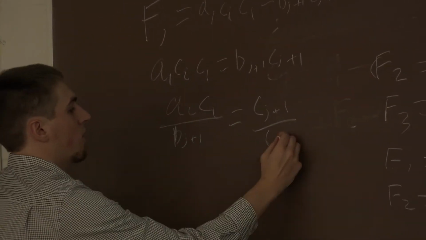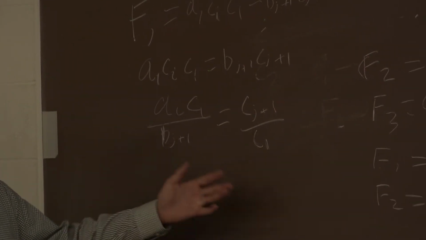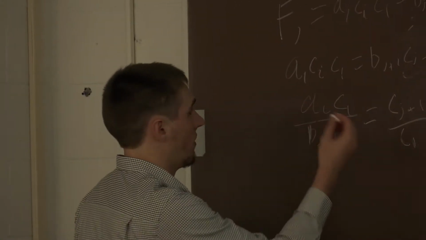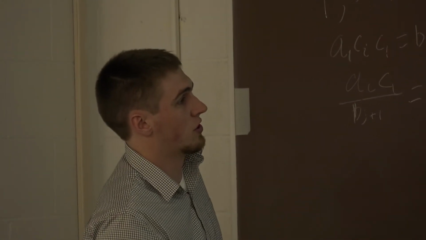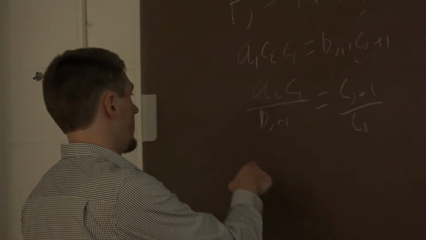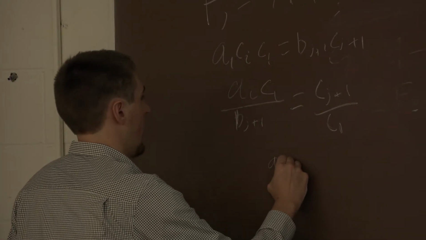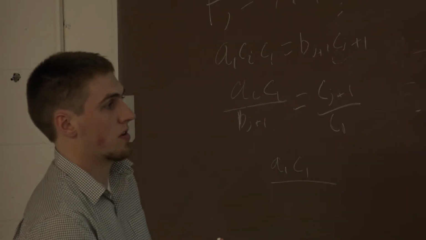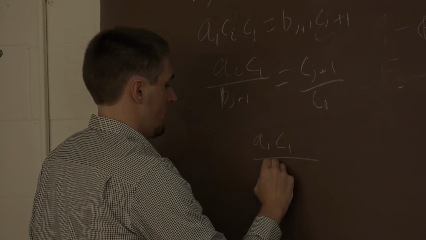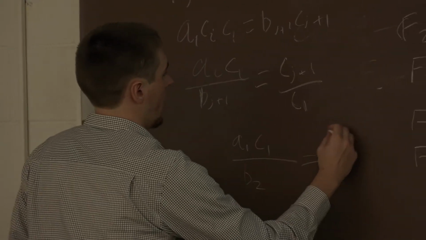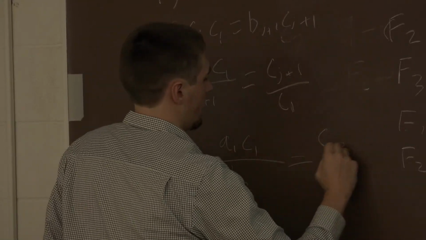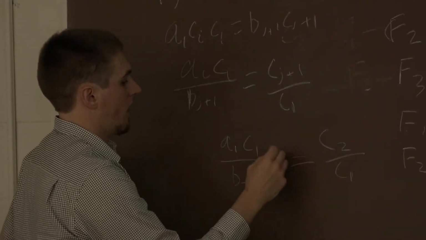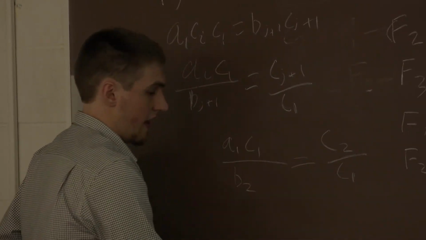By plugging in 1, 2, and 3, you can find what you'll have for the equilibrium concentration for each concentration. Just as an example, doing 1 and 2, which will apply to ours, it would be A1 C1 over B1, maybe we're doing this wrong, yeah, that would be 2, and then C2 over C1. So you have these equations that will go on, and then it will apply here.